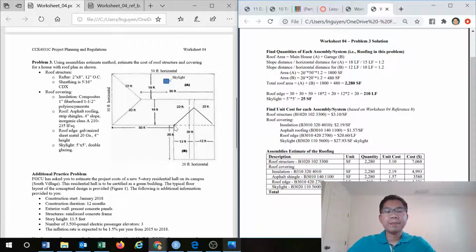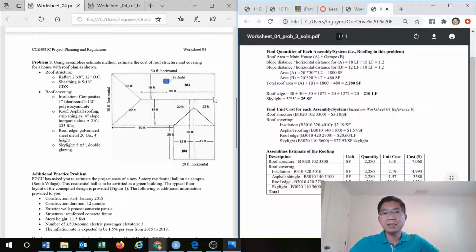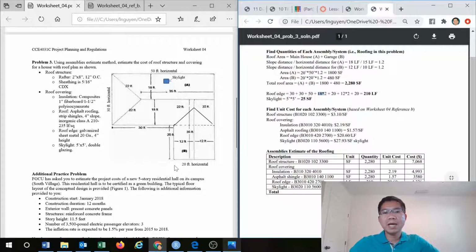You have this corner 30, so roof edge 30 horizontal, 50 horizontal, and then we put 18 because this slopes up, as I showed you earlier, slope 18, not 15. So 18 times 2, and then here 20 horizontal, and that goes slope here again, so it will be 12 times 2, so it will be 210 linear feet for the edge.